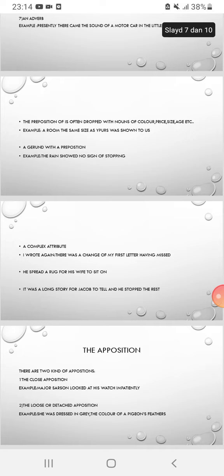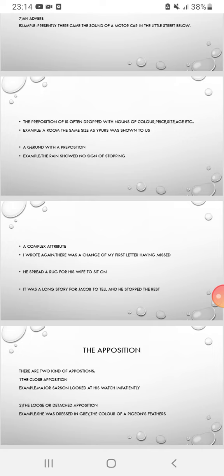The apposition. An apposition is a special kind of attribute which is expressed by a noun that characterizes or explains the word modified by giving additional information about the person or thing. There are two kinds of appositions. The close apposition.